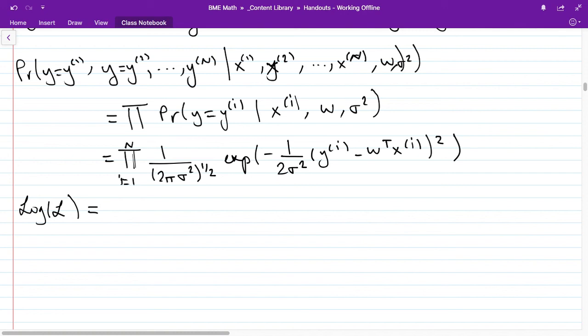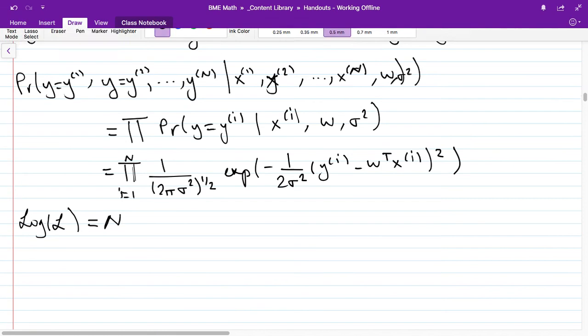So first of all, we have this sum in the front, which means we're going to get n of whatever is inside of it. So I'm going to have n of these terms here. Actually, I think it'd be easier if I just multiply it out.